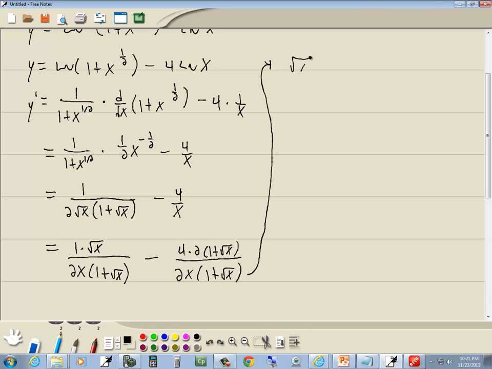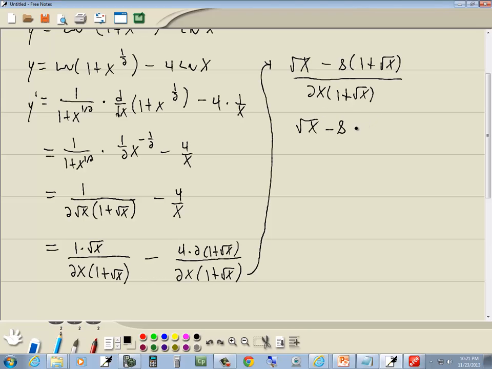So that gives us, they have the same denominator, so I might as well merge them together. Square root of x minus 8 times 1 plus square root of x over 2x times 1 plus square root of x. So we got square root of x. Negative 8 times 1 is negative 8.